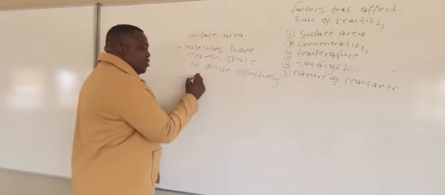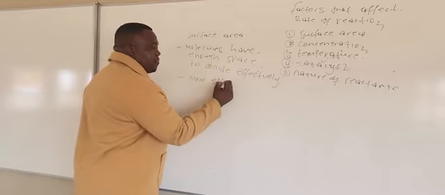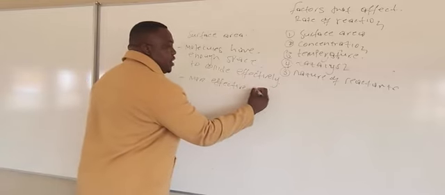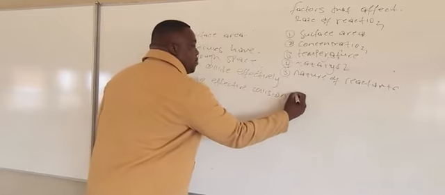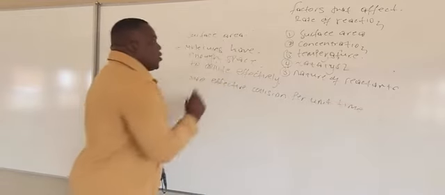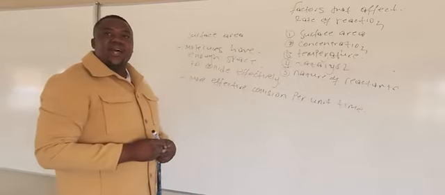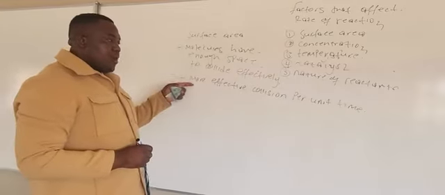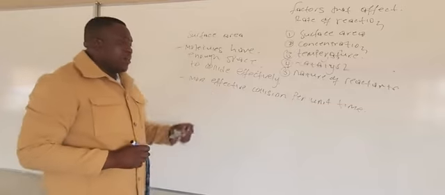You need to write more effective collision per unit time. So it means when the surface area is larger, there's going to be more effective collision per unit time.